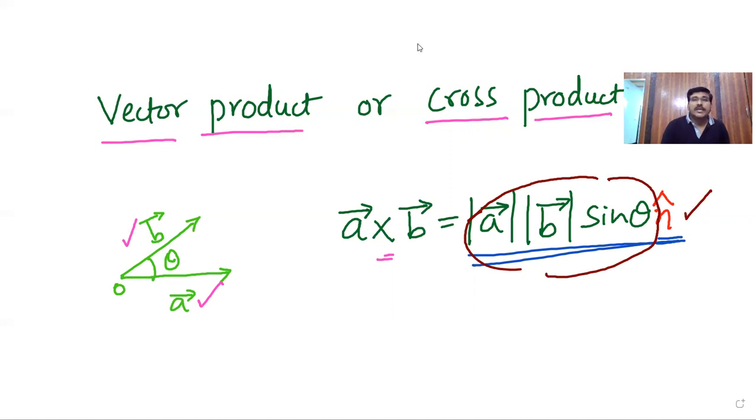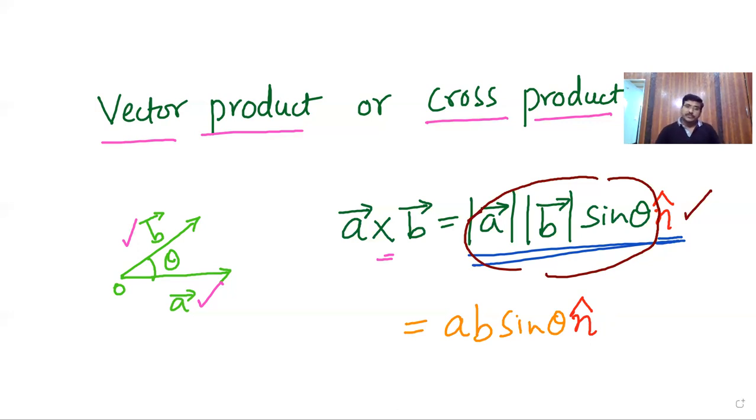So once again, the modulus of A bar, simply written as A, the modulus of B bar as B, sine theta, the angle between them, into N bar. N cap is the direction it shows. It is a unit vector along the direction.